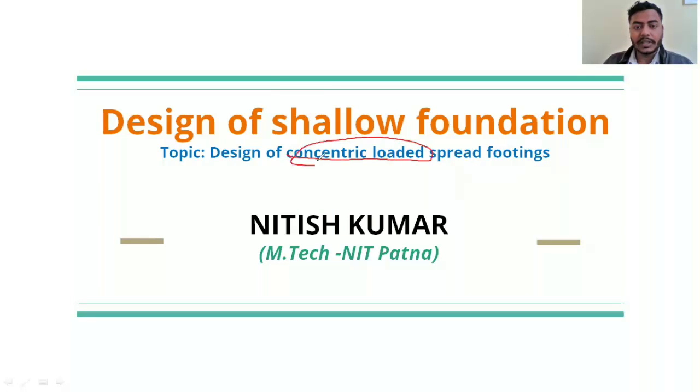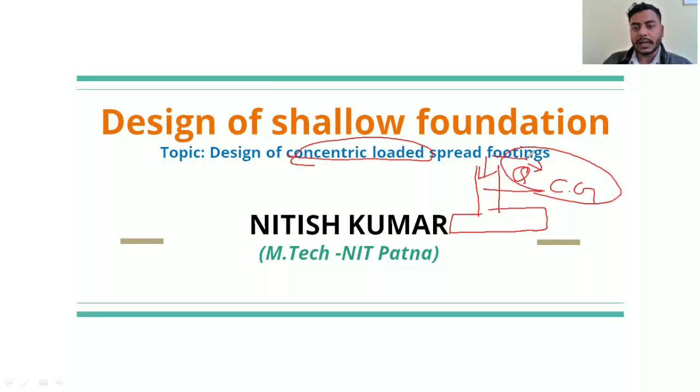Concentric load. What is the meaning of this? We will say two types of load will come on the column. First, concentric means the line of action of the load. Suppose this load Q is coming on this column, and this is, suppose, a footing. So if the load coincides with the CG of the column, we can call it a concentric loaded split footing.